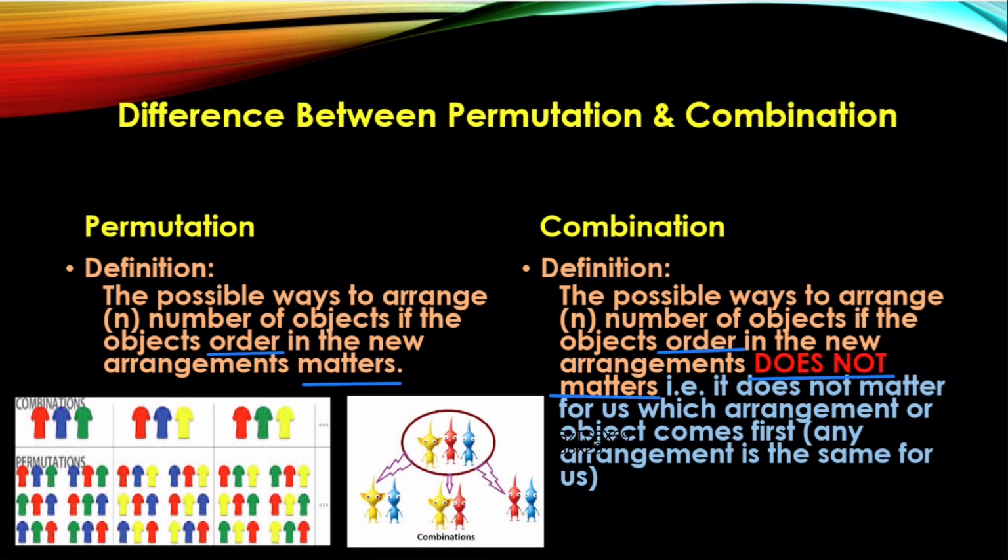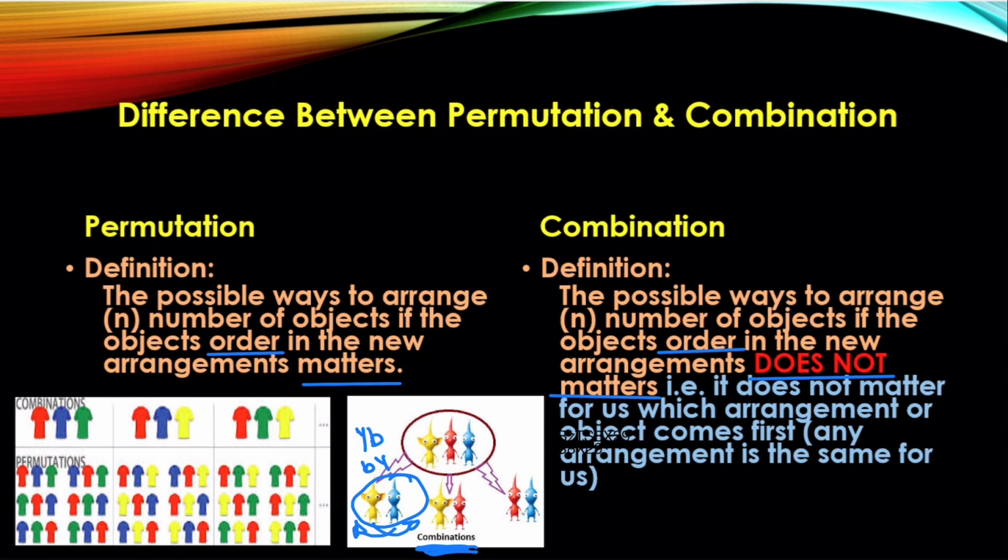I can take the blue first and the yellow second. If order mattered, I would have two options here, yellow and blue, and blue and yellow. But in this case I have only yellow and blue because it doesn't matter. So this is a combination problem.